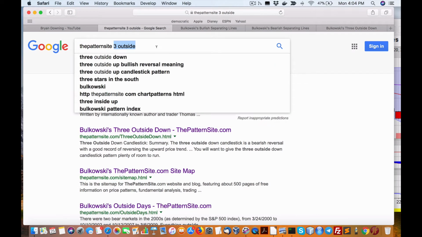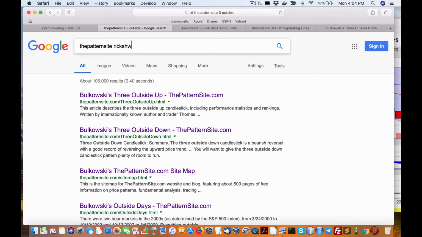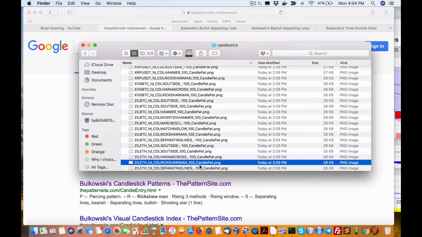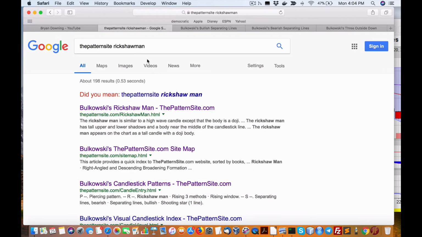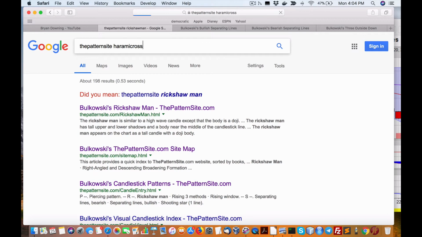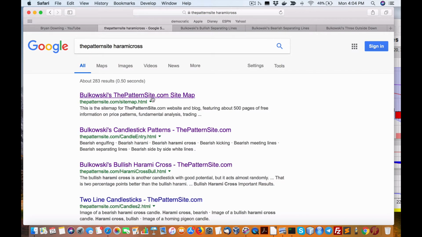Let me just make sure. Rickshaw Man. Yeah, and I believe that was saying it's a bull, but the Harami cross, let me pull that up, Harami cross. Some of these you're going to have to learn to ignore, but under what conditions is something.